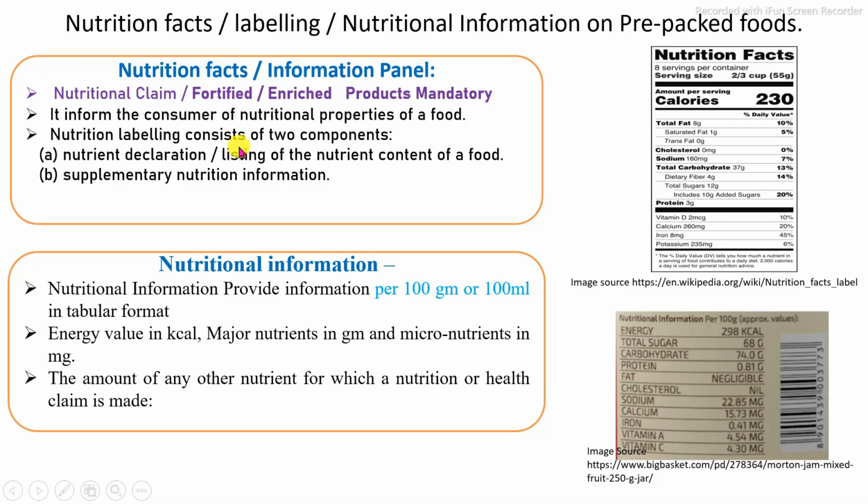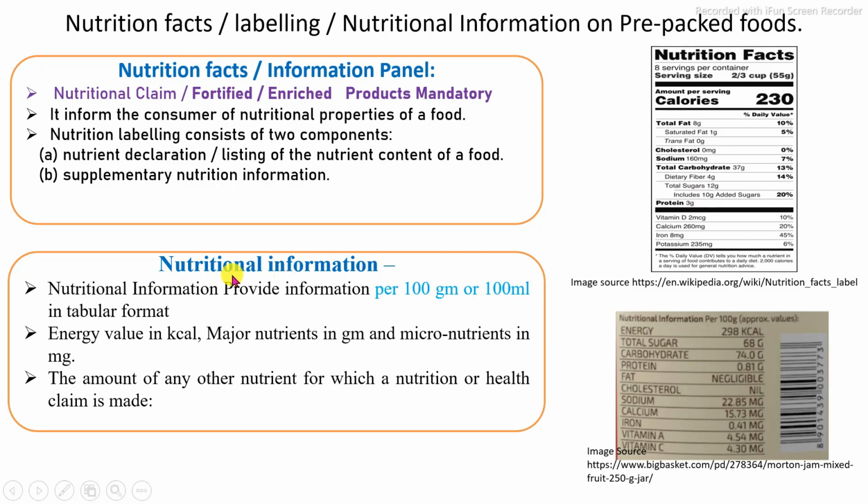Nutritional labeling consists of two main components. The first one is the nutrient declaration, that is the listing of all nutrient content of that food, along with supplementary nutrient information, whatever the specific health claim or fortified enrichment; all these nutrients are specifically declared in this nutritional fact label.